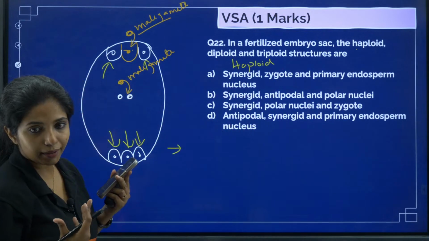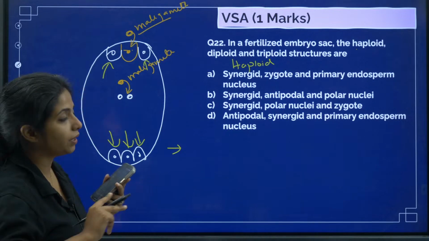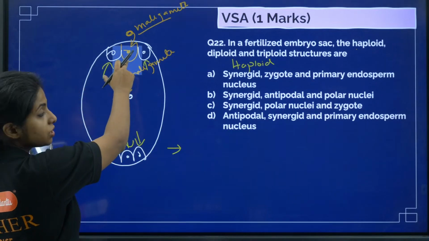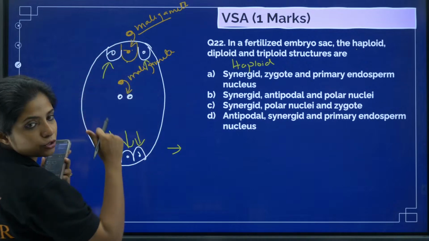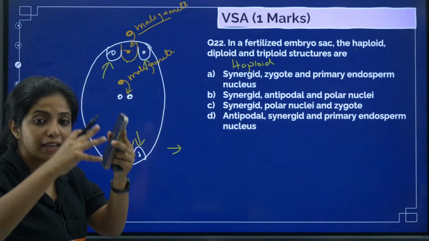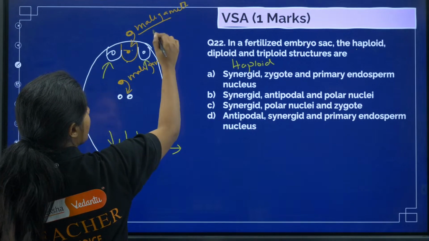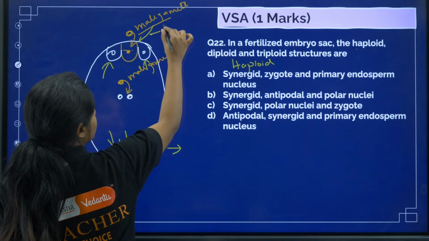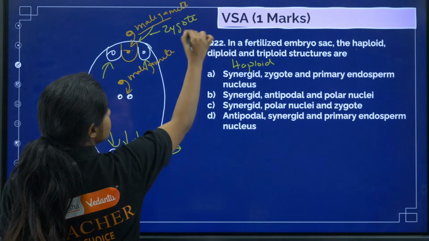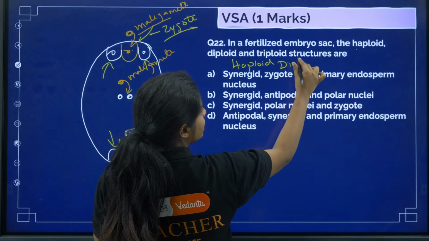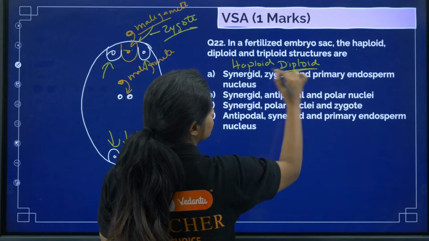What about diploid? There is only one cell which has become diploid. The egg was haploid first, but the egg and the male gamete fused together, and now it's not haploid anymore. You got the zygote, and this zygote is diploid.